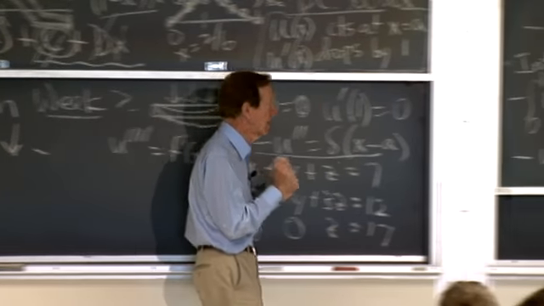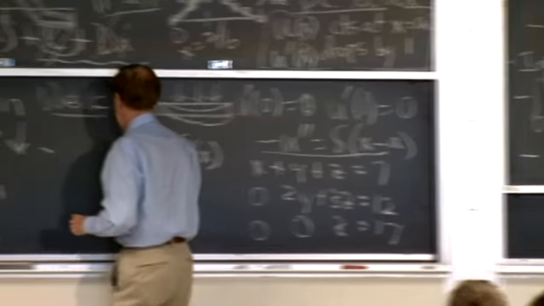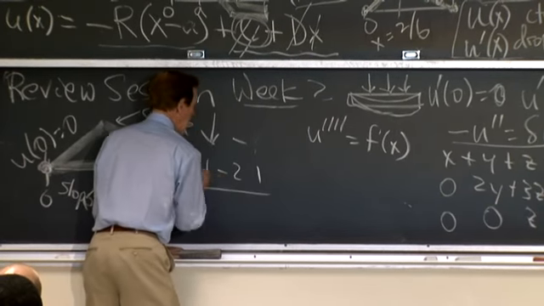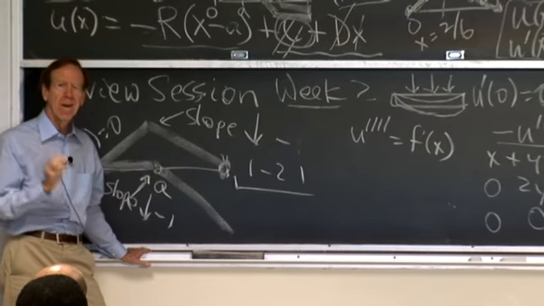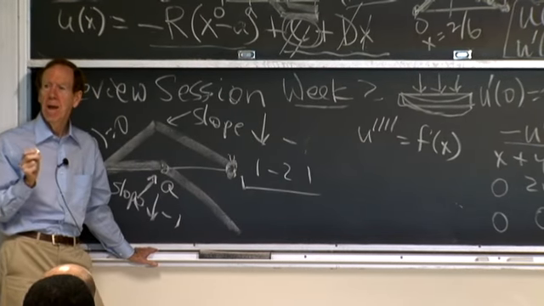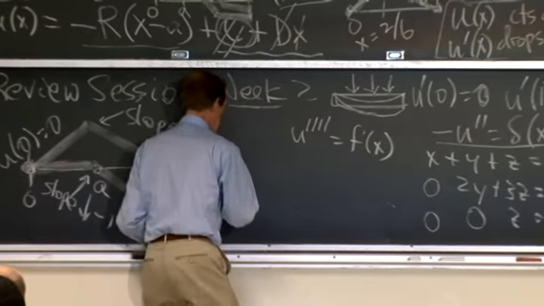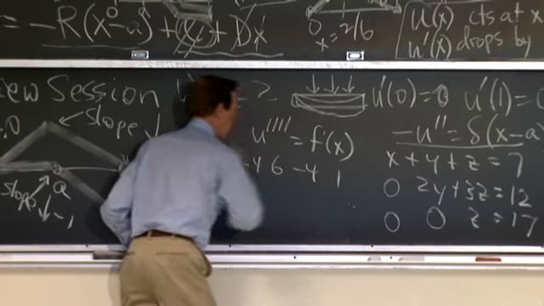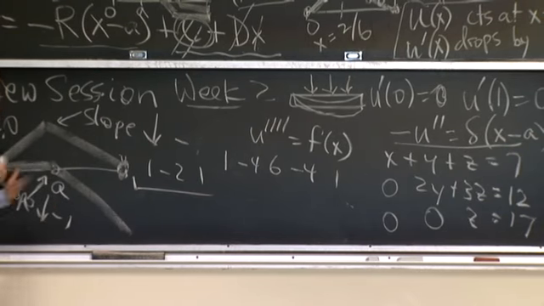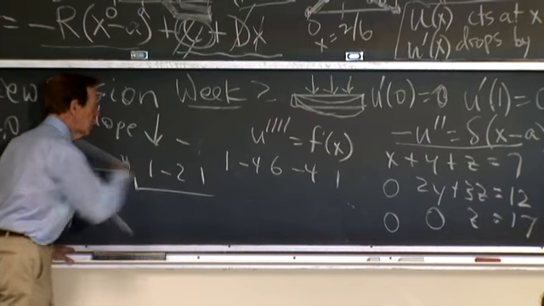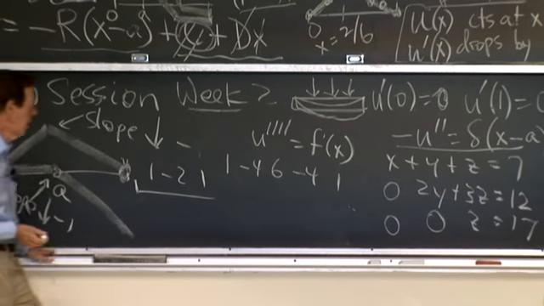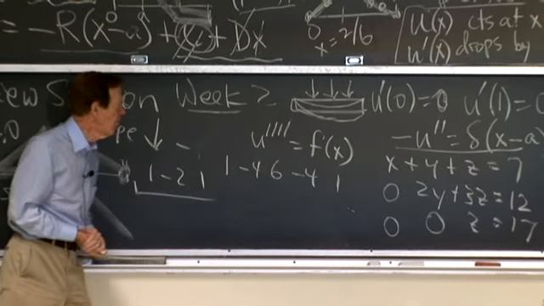That was a big deal then to introduce second differences, those 1, minus 2, 1s. Fourth? 1, 4, 6, 4, 1, with minus signs. 1, minus 4, 6, minus 4, and 1. In some way, I would get that by squaring this guy. And so that would be a fourth difference.